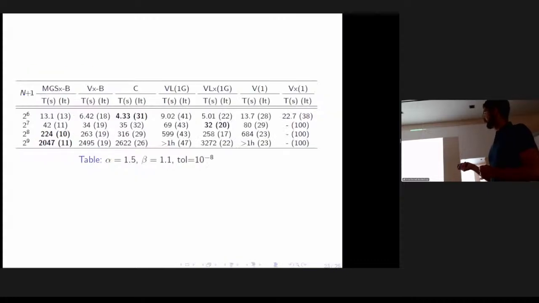And here we have a table with all our methods, the CPU time, and average iterations per time step, and the size. The size, the amount of grid points, is the same over each grid. So the fractional derivatives are 1.5 and 1.1, so the anisotropy is not too strong.